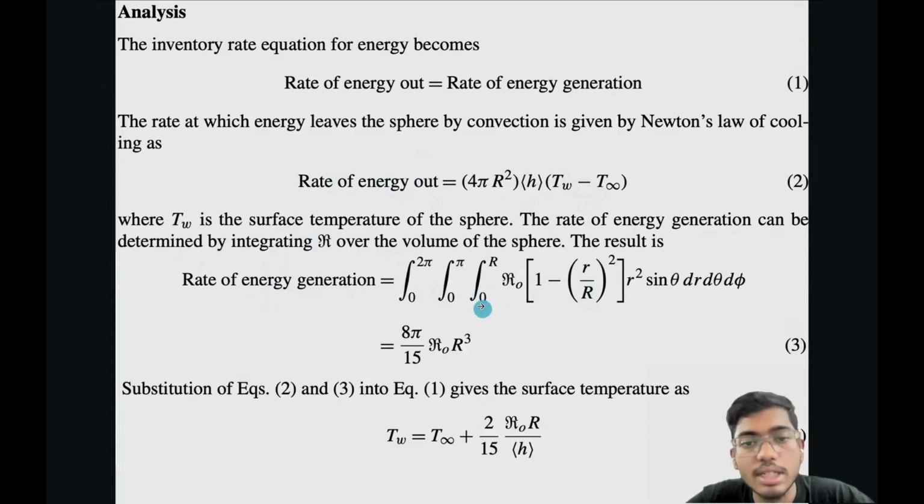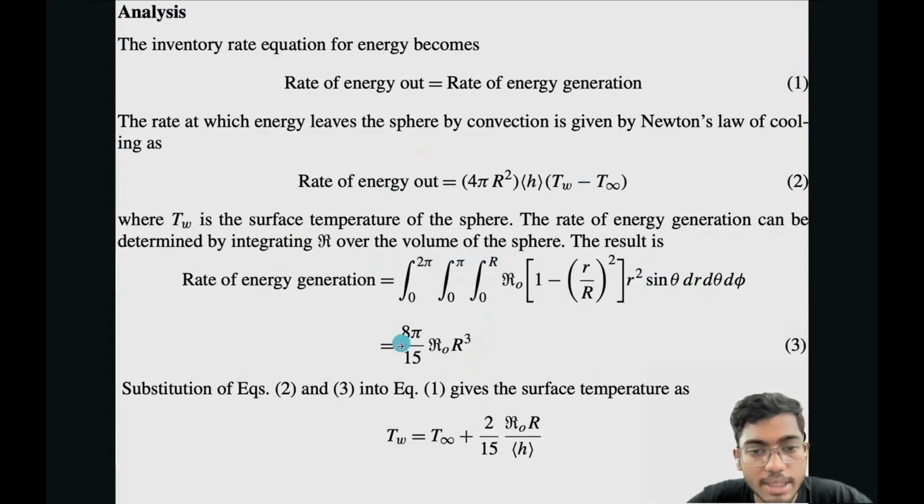So here the solution is using spherical coordinates where r, theta, and phi are used. It is integrated over the spherical volume by taking a differential element. We integrate it over 0 to 2π for theta, 0 to π for phi, and 0 to R for the radius.